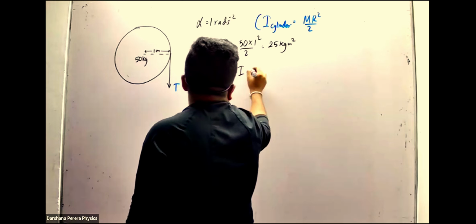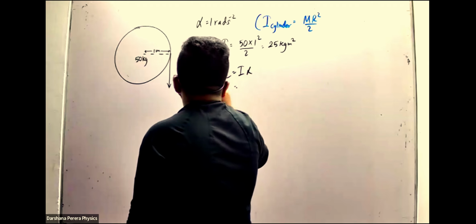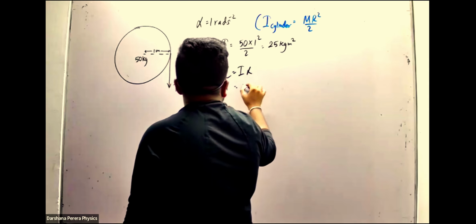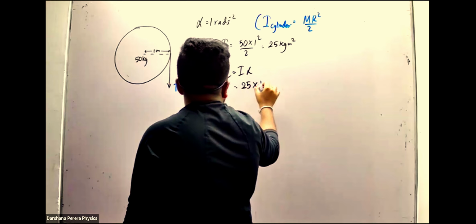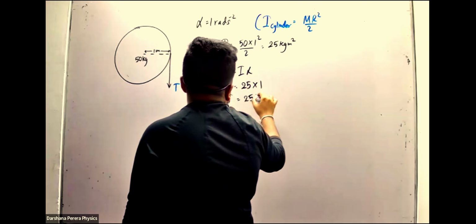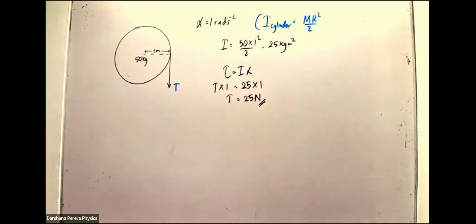Tau is T into 1, I is 25 into 1, equals 25 Newton. Okay, right.